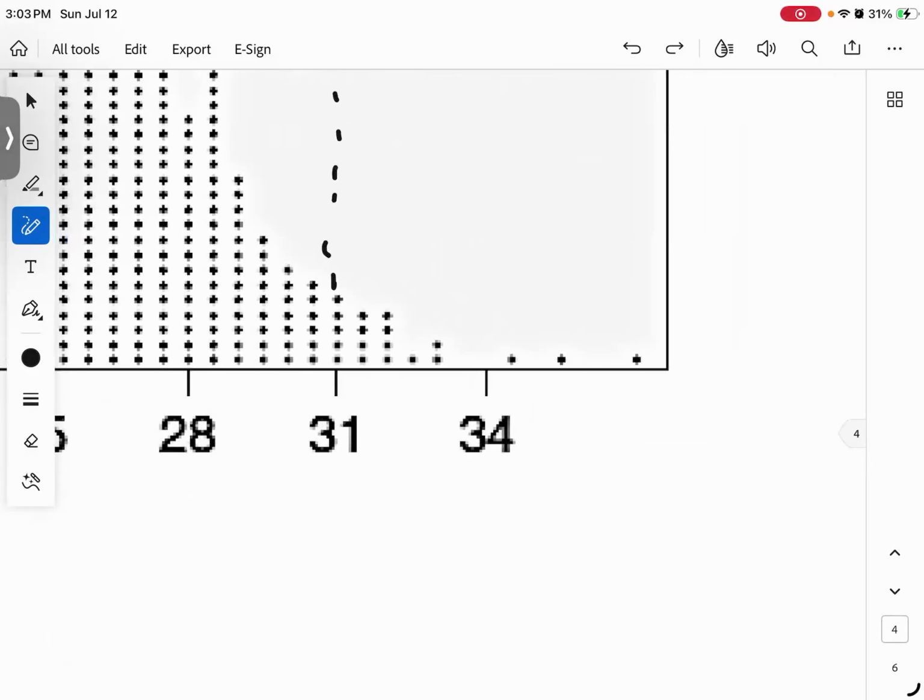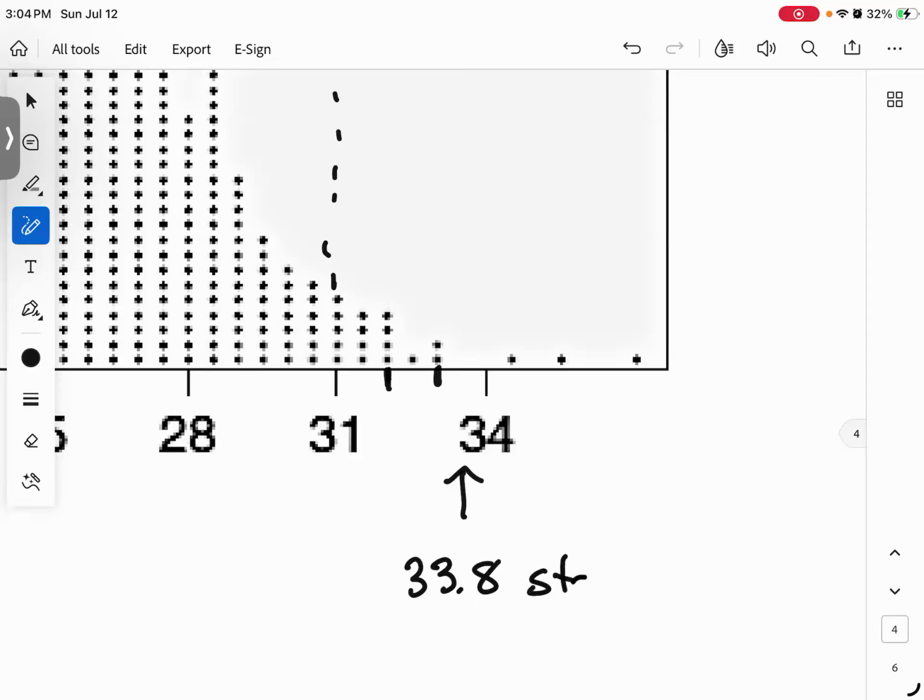And so there's 31 and 34. So maybe 32 and 33 are right about there. 32, 33. And so 33.8 maybe right there. That'd probably be a good, reasonable spot to locate 33.8.